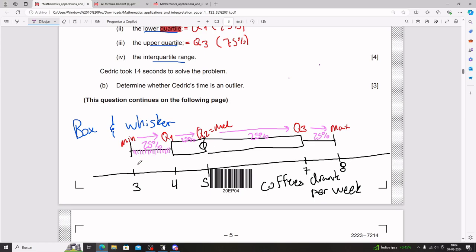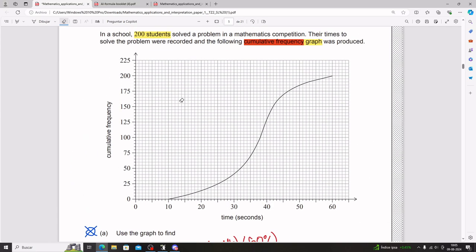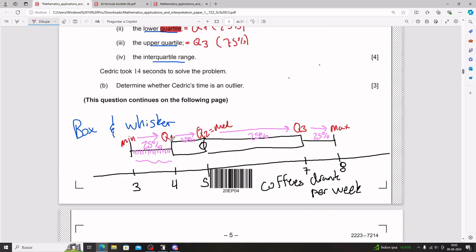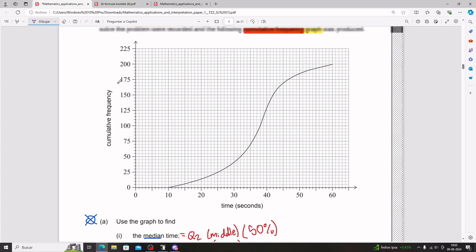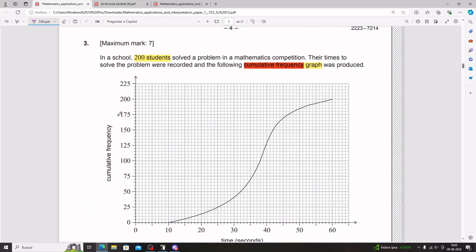But you know that the first couple students would be around here. In the cumulative frequency, it is much more detailed. Here all you know is that the first 25% are there, but over here you can actually count them one by one. The way cumulative frequency works is that it accumulates itself. That's why it's cumulative frequency.